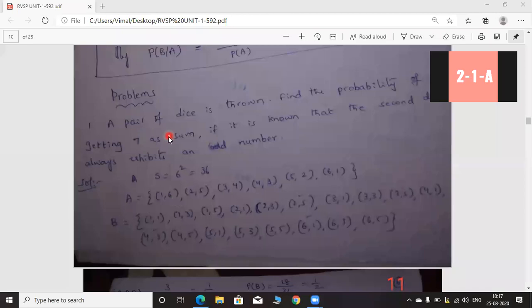Okay. Here, based on the statement given in the problem, we have defined the event A and event B separately. Now you have to find probability of A given B, conditional probability. You have to find the probability of A given that event B must be satisfied. Okay, is it clear? So let us move on to next one.